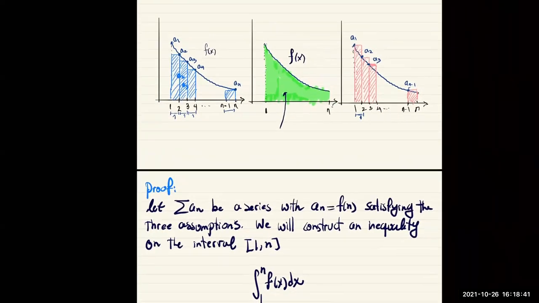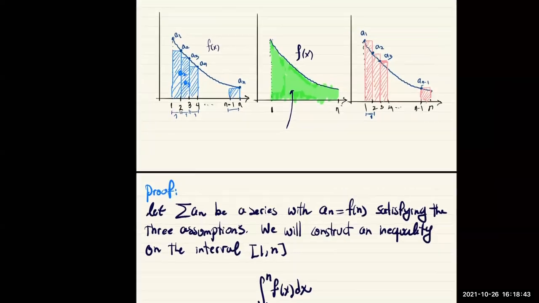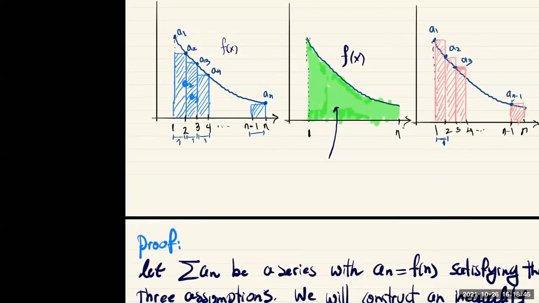Okay. Yeah, so if I write that series down, it'll be a sub 2 times 1, which is the area of the first rectangle, plus a sub 3 times 1, which is the area of the second rectangle.